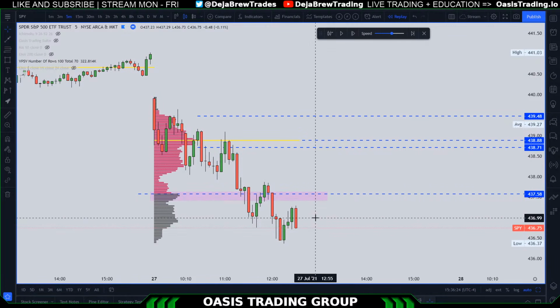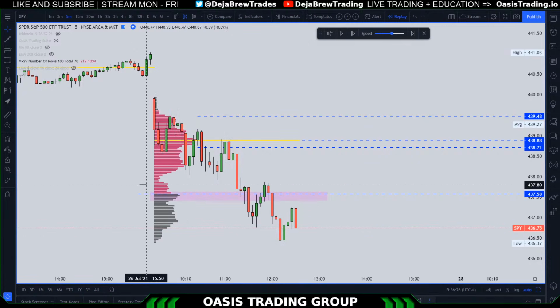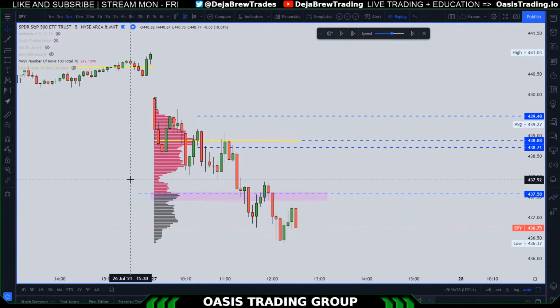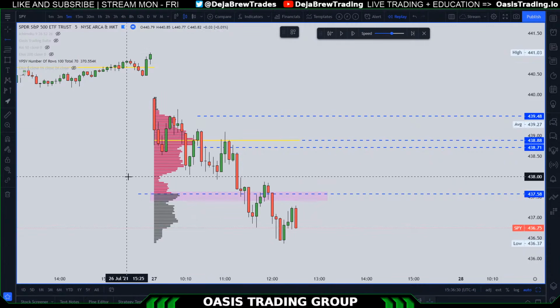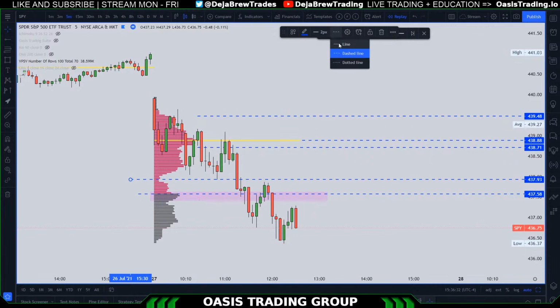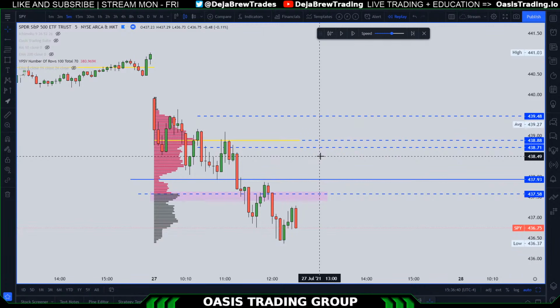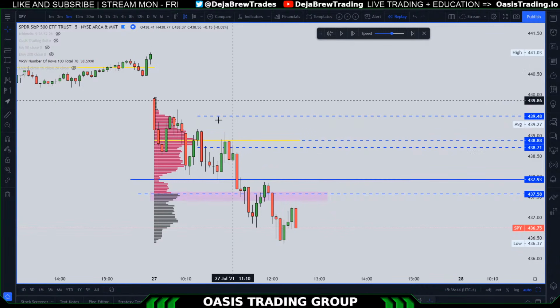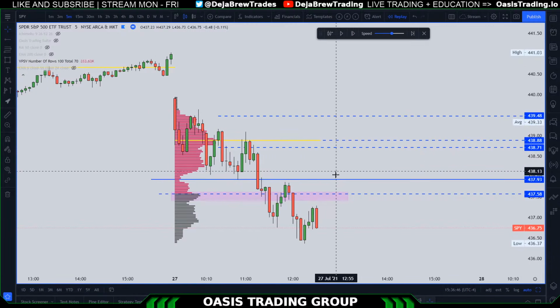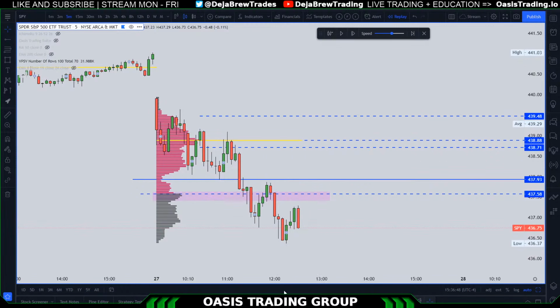Now, what you would mainly be looking for is stuff kind of like this, where we have these gaps. You'd be looking for a retest of gaps or a retest of the value area low or a retest of POC. Anything that would give you a bearish retest. That's what you're looking for on a day like today. So let's let it play some more. It's 12:30. Let's go out to 1:30.